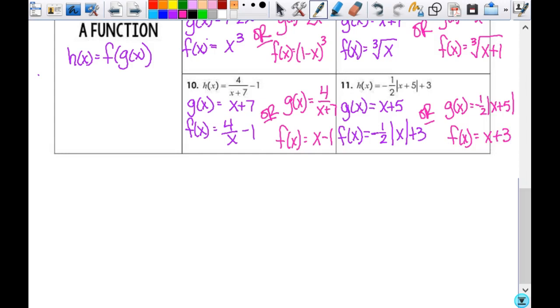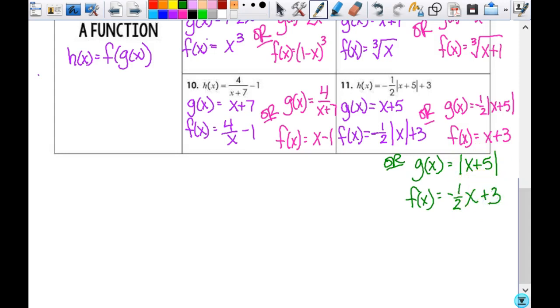You see how you're just breaking it up differently? We got one more for you. Or what if g of x was the absolute value of x plus 5? Then f of x would have to be what? Negative 1/2 x. Would I have to put an absolute value here? No, because this takes the x part, right? And then I have to do plus 3.